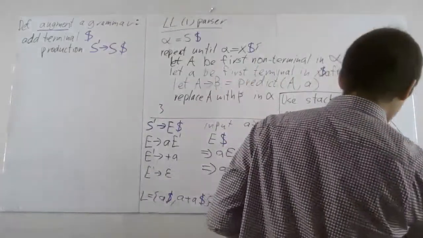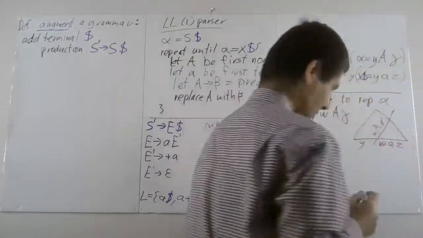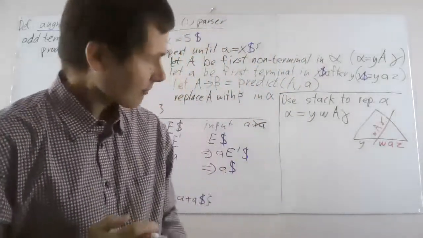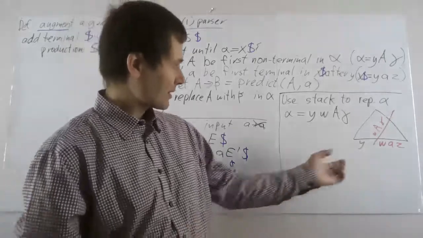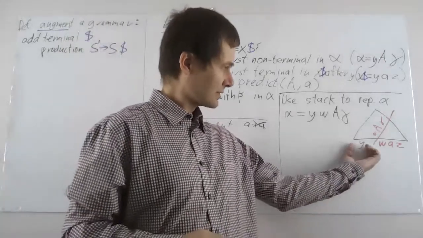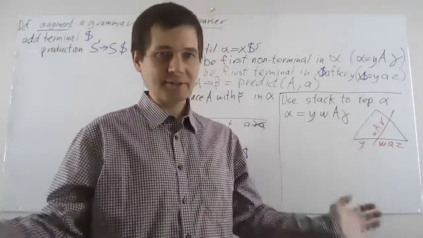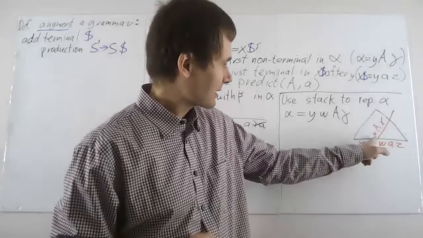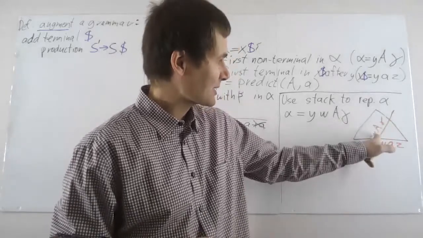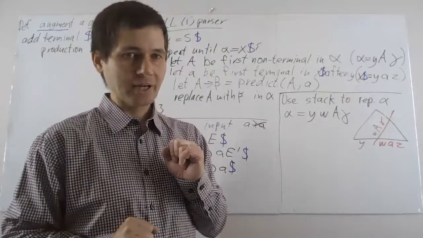And then I'm going to say WAZ is the rest of the input string. Okay, so in general, the idea is there's the part of the input y that we've processed and we're done with, and in general my stack might start with a terminal symbol.